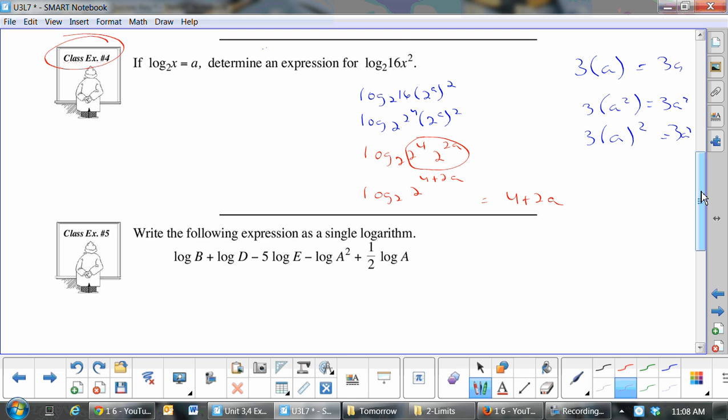Okay, now, could I write this? Let's just work with this for a second. I'm going to bring this down here, and I'm going to make it log 2 of 2 to the 4th times x squared.